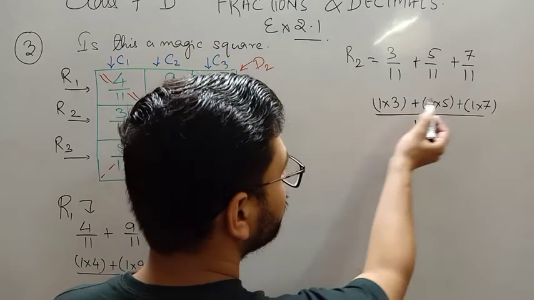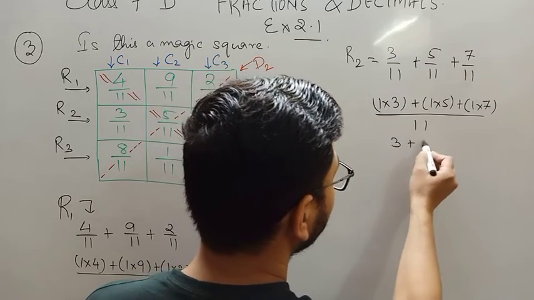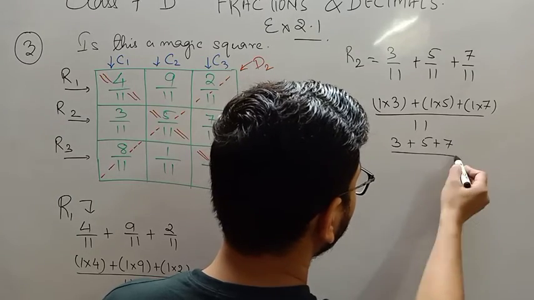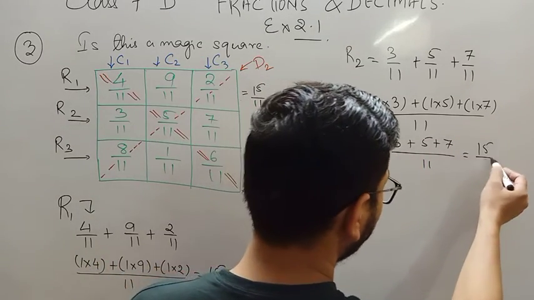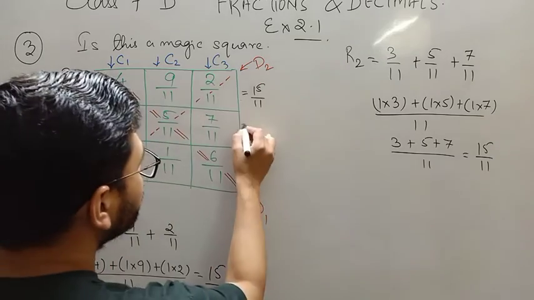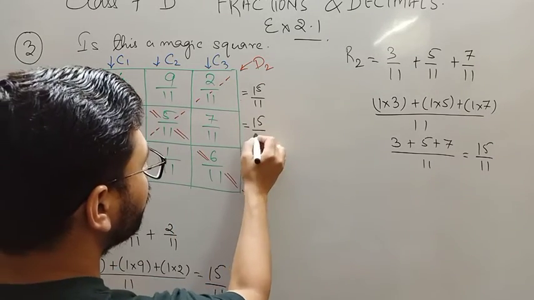So 3 plus 5 plus 7 divided by 11. 7 plus 3, 10 plus 5, 15 upon 11. So the summation of the three elements given in R2 is also equal to 15 upon 11.